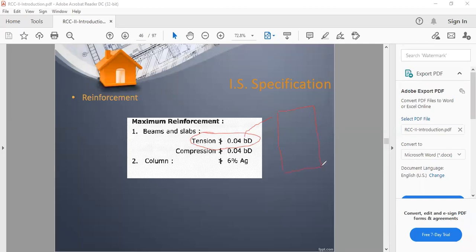I'm talking about the cross section, which may be for the beam or for the column. This would be the width, and this is called capital D or total depth. And for the cross section of the column, it should be 6% of the total area.